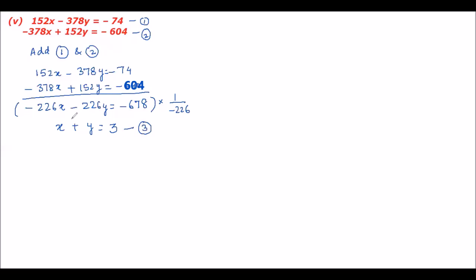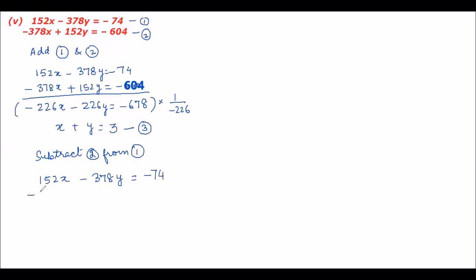First we have added first and second. Now we will subtract the two given equations. So subtract second from first. So once again we will be writing 152x minus 378y is equal to minus 74.